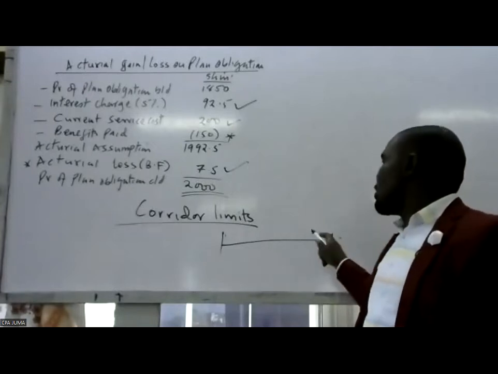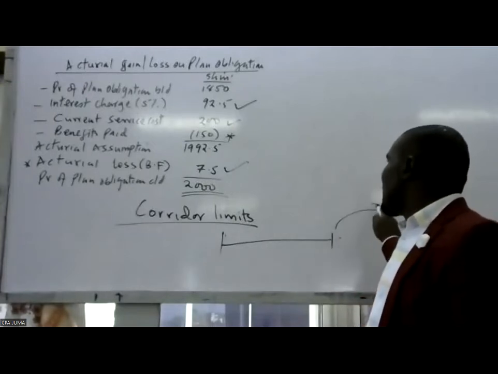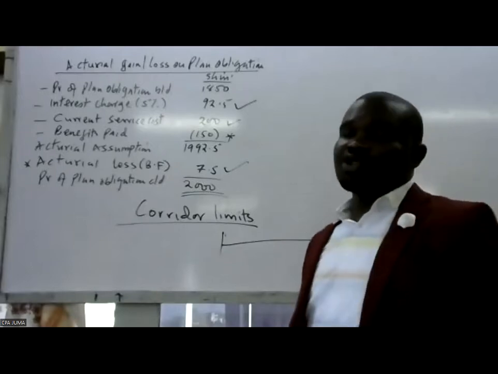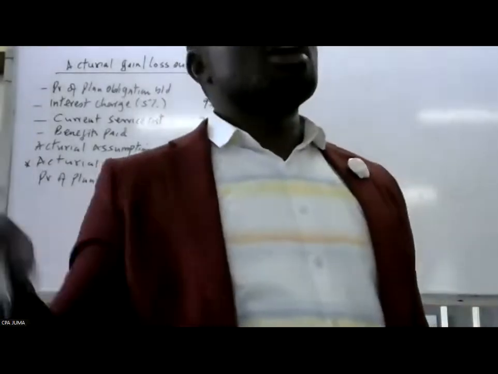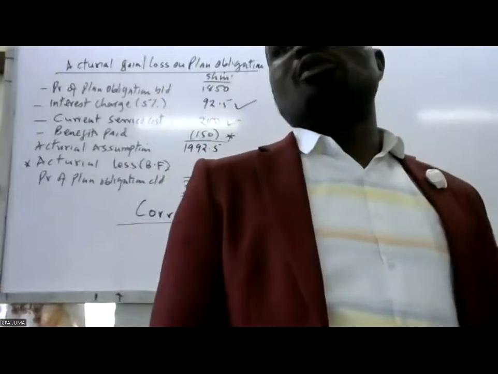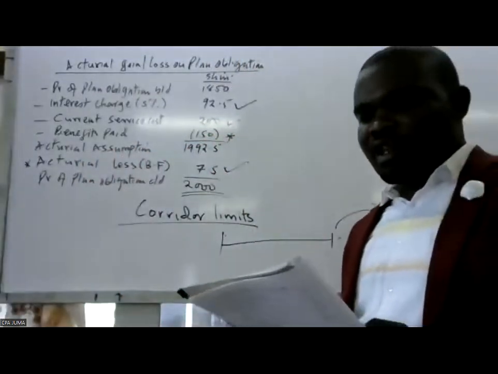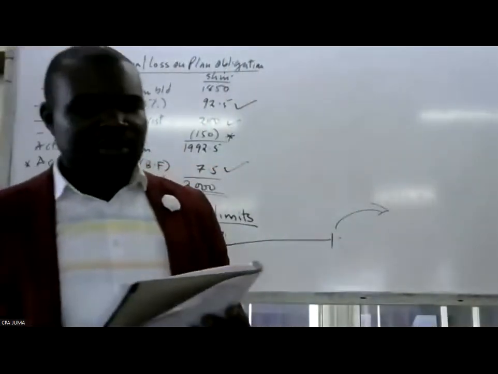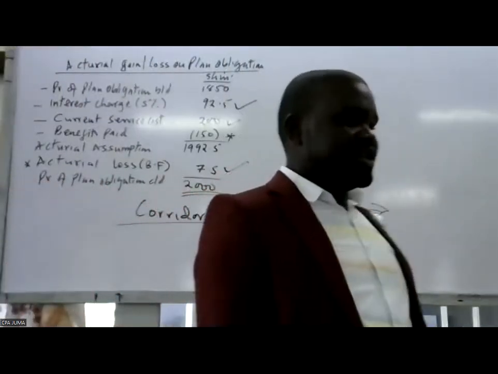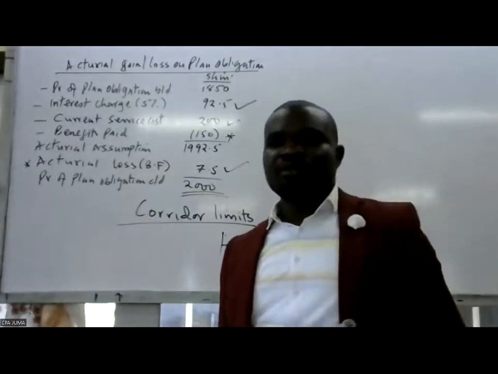The only amount we recognize in other comprehensive income is the gain arising from the excess. Whatever is within the space, we capitalize and add as part of the normal contribution, so it reduces the contribution. So right there, it is a materiality approach.